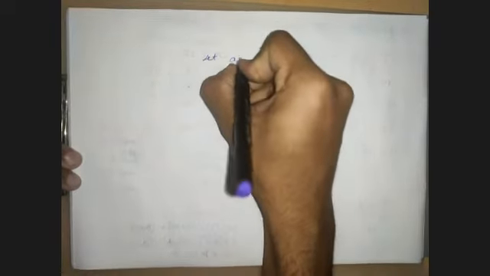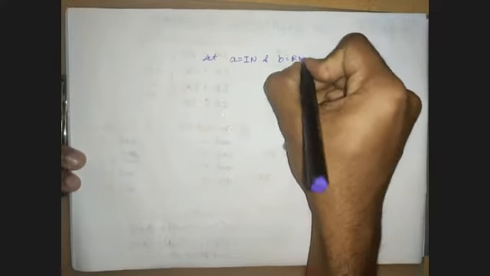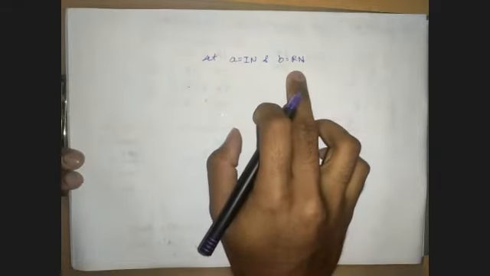Now let us look at another case. Let a be an irrational number and b be a rational number. So what happens when one is an irrational number and other is a rational number?